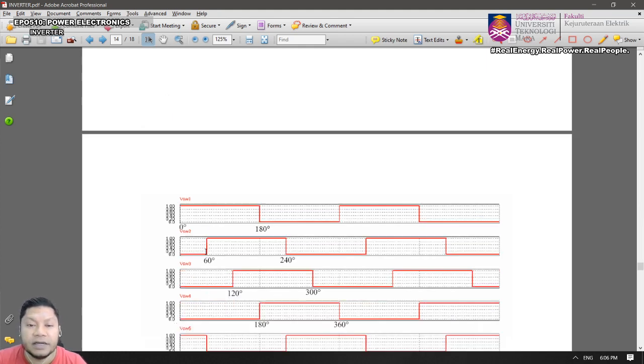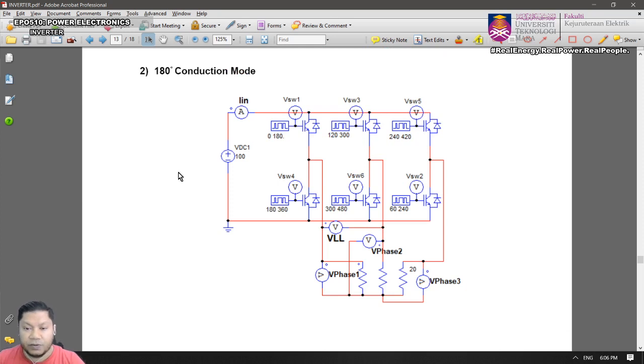So let's look at the circuit again. So we have switch 1 on, switch 5 on, as well as switch 6 on, and the rest will be off. Okay, so therefore the current again will flow from the source to switch 1, and there will be another current that flows through switch 5 this time.